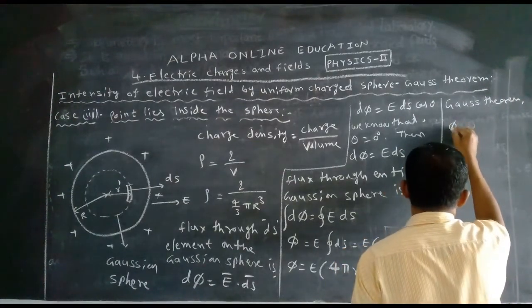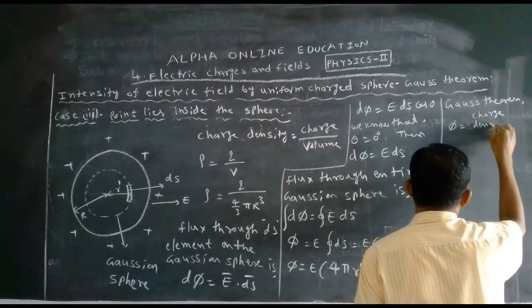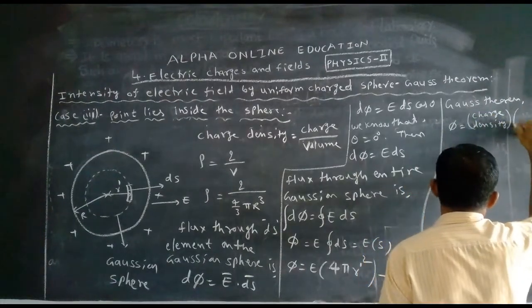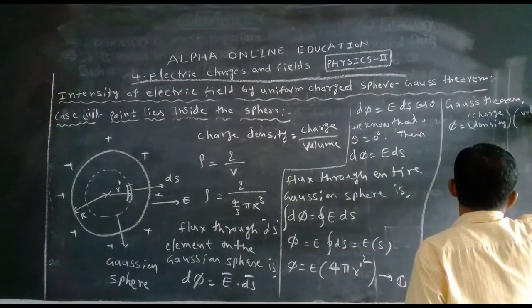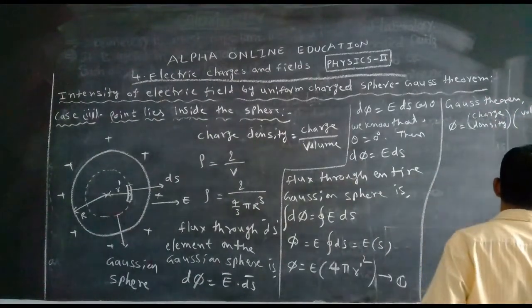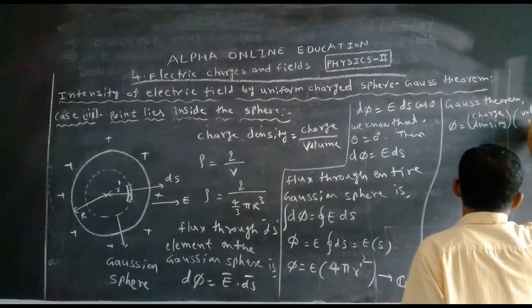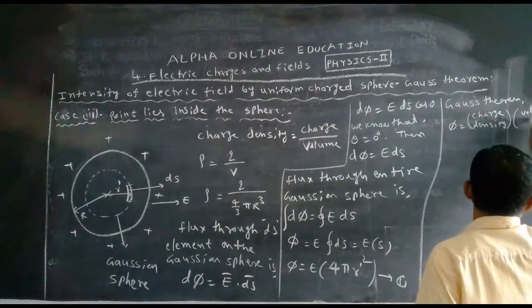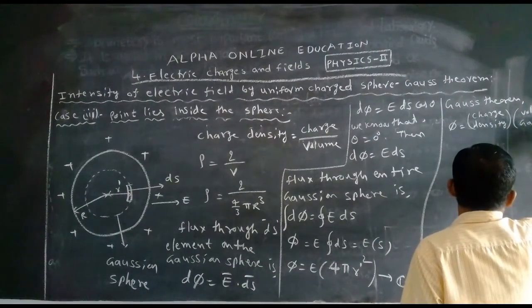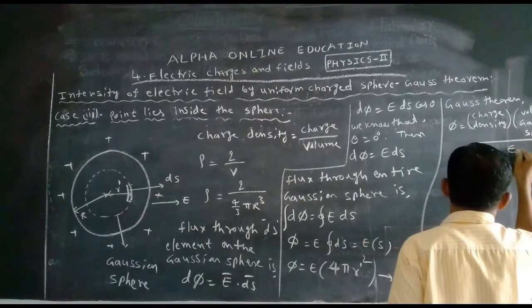Here phi is equal to charge density into volume of the sphere by epsilon naught.